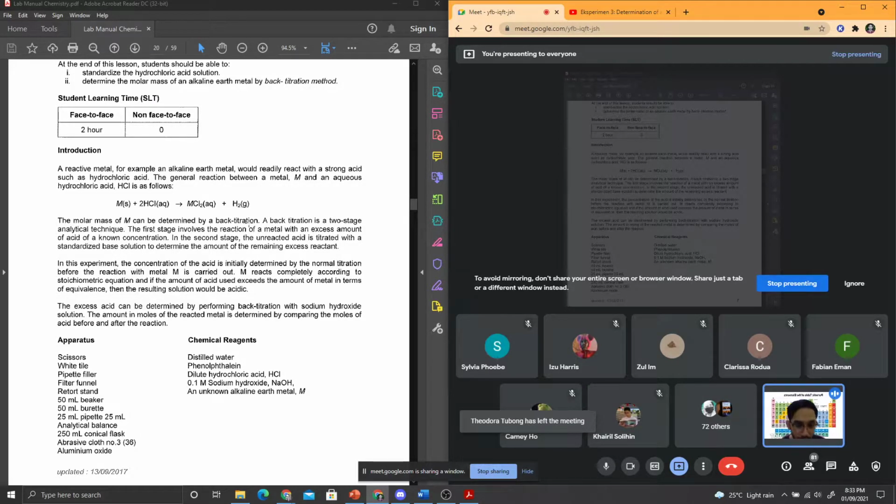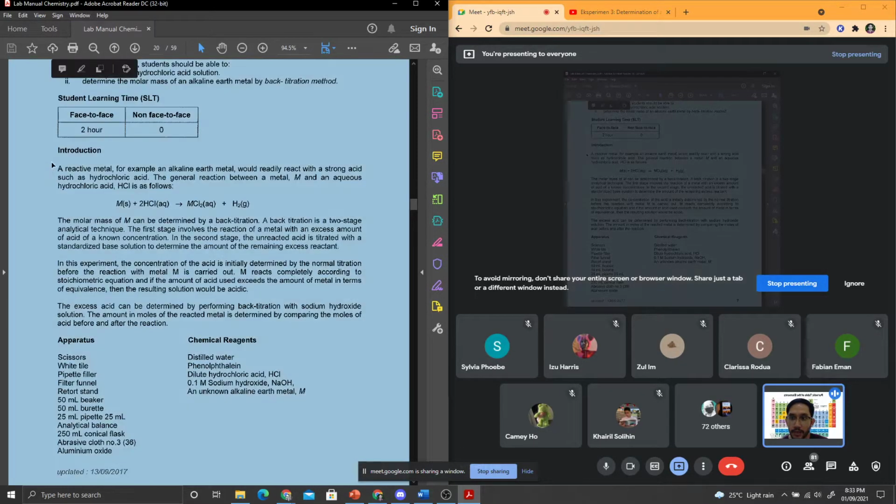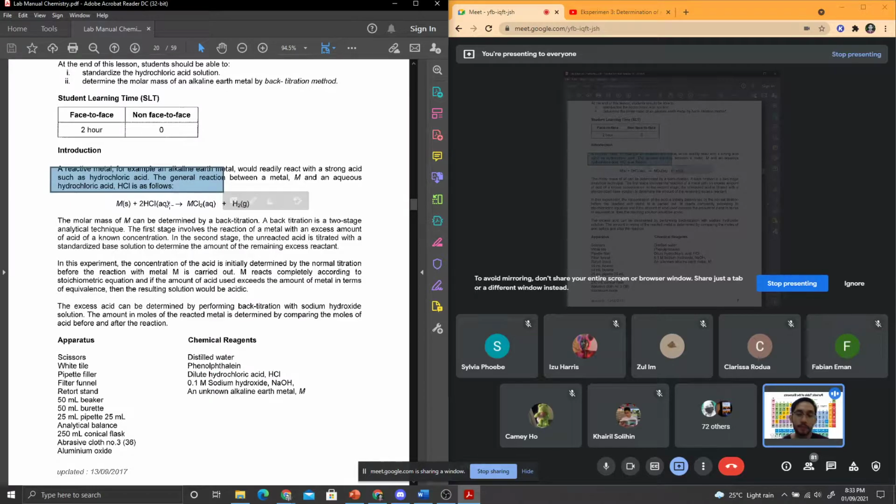So you baca, you make it short, okay? Pendekkan semua benda ni and write it in bullet point. You tulis dalam bullet point, and kalau ada relevant chemical equation, includekan dalam you punya introduction. And make sure any chemical equation tu is balanced.